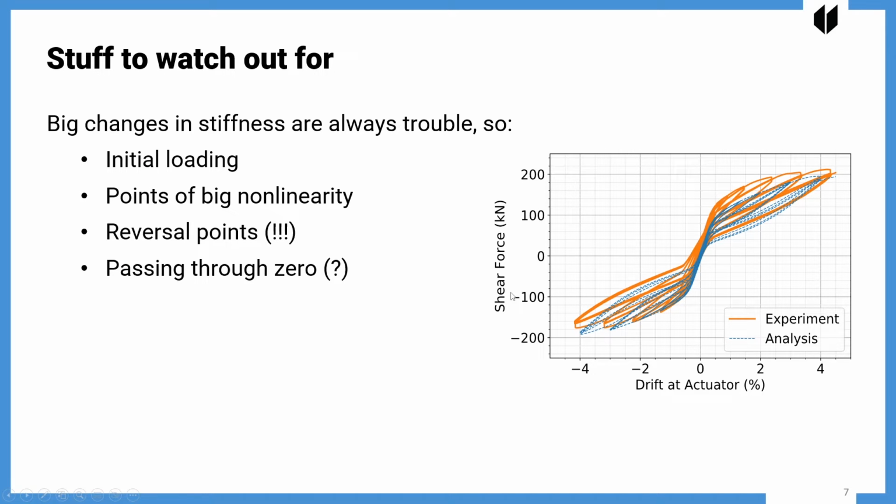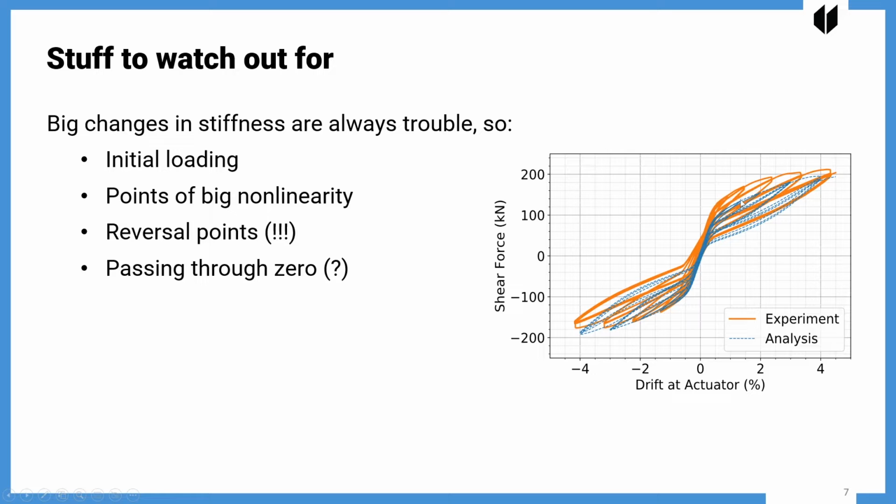And so the big thing that really sets apart these reverse cyclic analyses is, well, as always, we need to watch out for areas of big changes. That's where we're going to have our convergence problems in the model. But one big thing is because our load is reversing, these reversal points are going to be very significant.